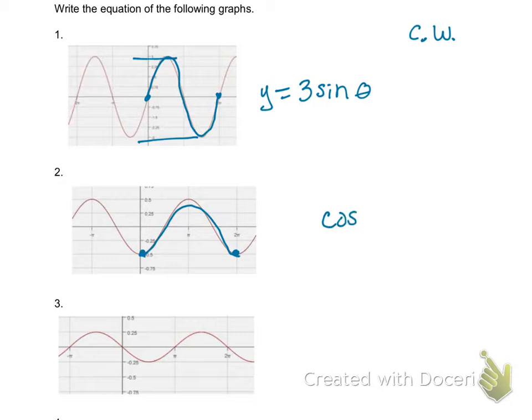Well, that's a cosine. So cosine theta. Your amplitude goes to 1/2 and -1/2, so it's 1/2. All right, this one starts at the line. It goes 0 to 2 pi, and it's sine. So it's sine theta. Your amplitude is 0.25 and -0.25, so that's 1/4.